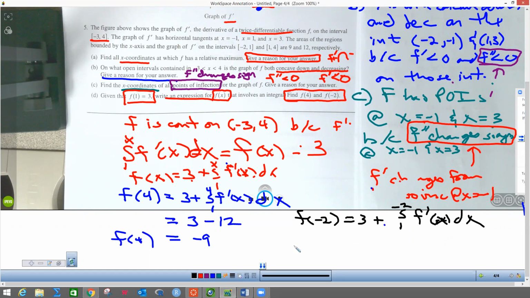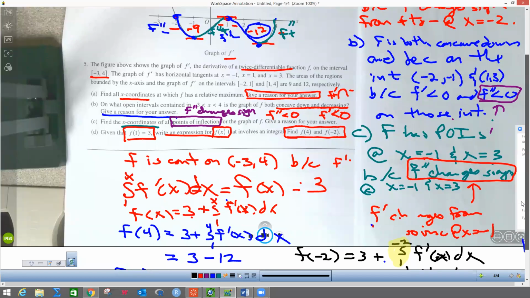Now, what do you notice happened right here? I hope you noticed something. Do you see they're in the wrong order? You always want the smallest number below. So we're going to change that from negative 2 to 1 of f prime x dx.